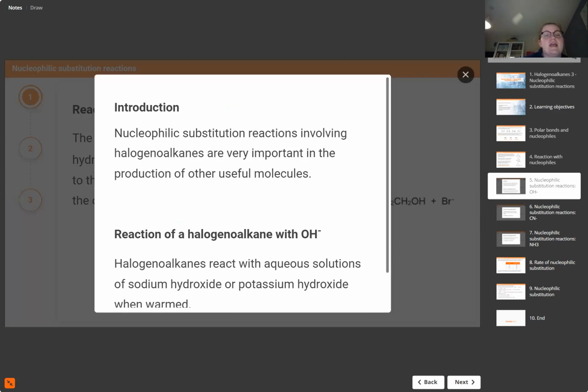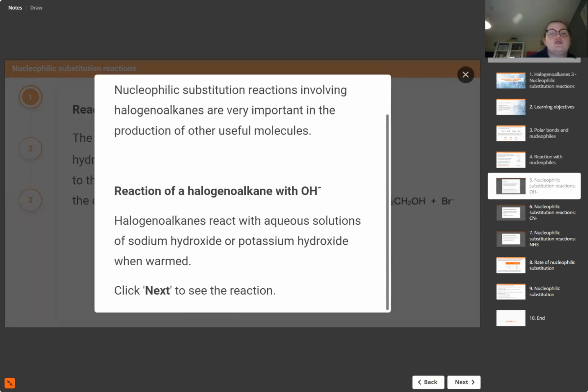So we're going to look at it for sodium hydroxide. Nucleophilic substitution reactions involving halogenoalkanes are really important in the production of other useful molecules. So this is for making other things that are useful that we want.